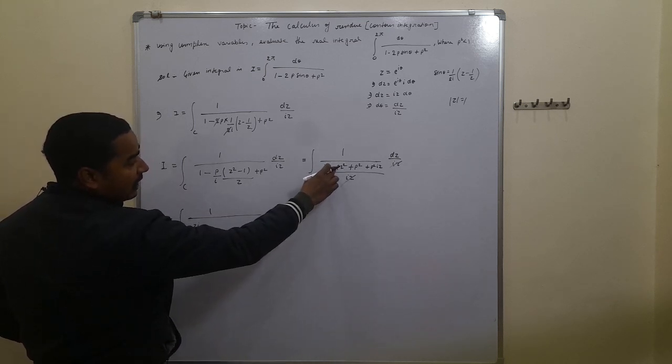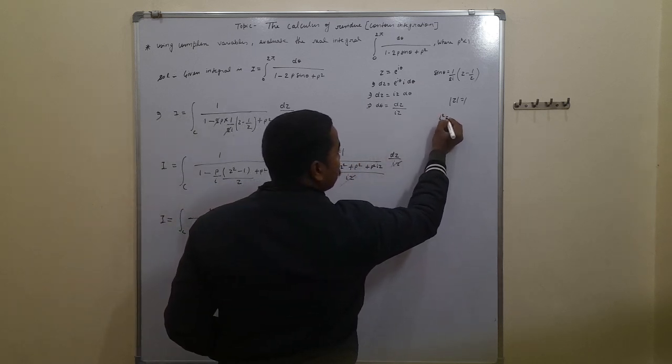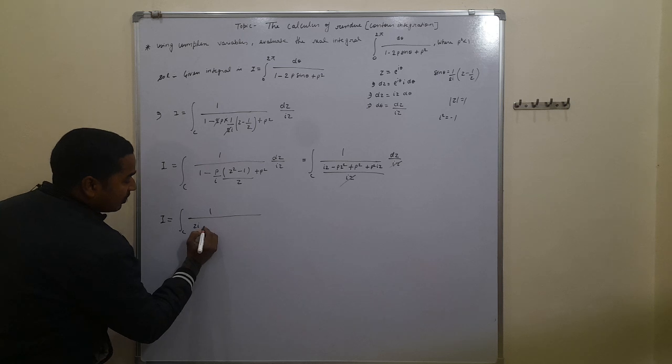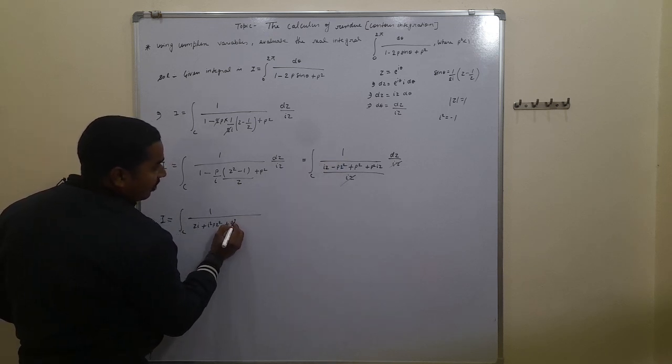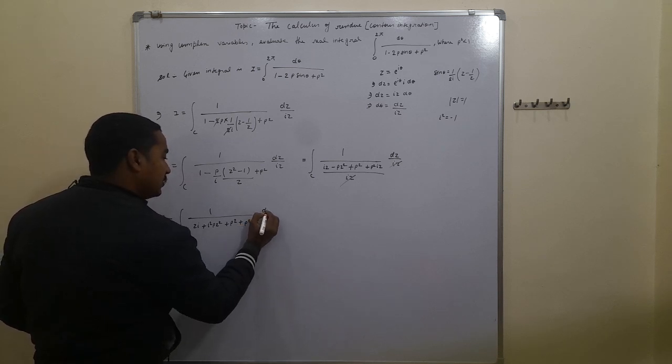We can also write in place of i square, in complex integration i square is given by minus 1, so we put plus i square p z square, and plus p square, and plus p square iz, and dz.